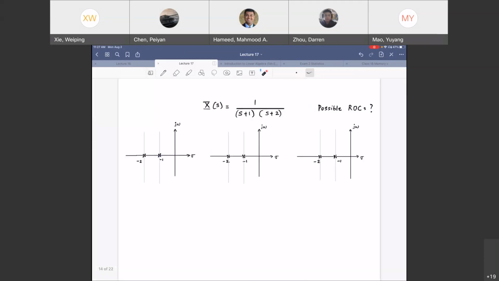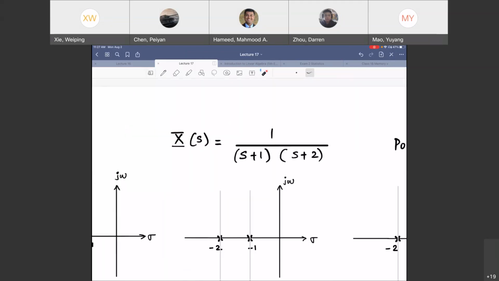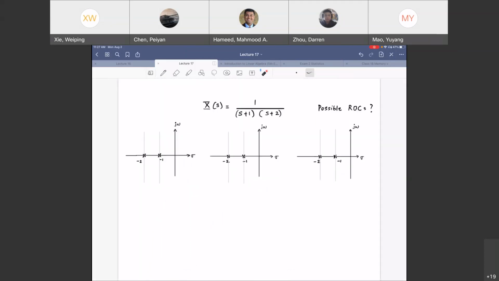Let's take a look at this example here and tell me what are the possible regions of convergence. You have how many poles? Two poles, -1 and -2. I've put three different S-planes here just to sketch the possible ROCs. How many are possible? Well, I've sketched three graphs, so three are possible. -2 and -1 are your two poles.